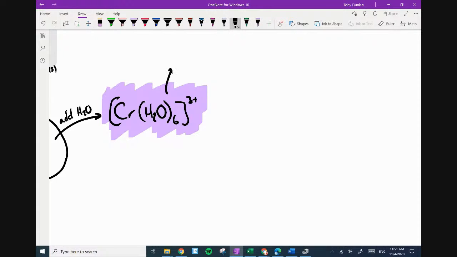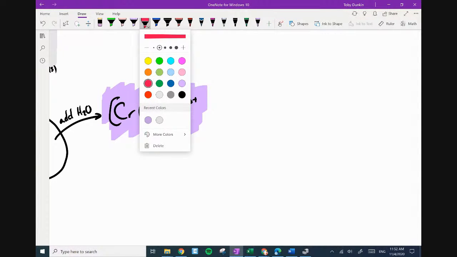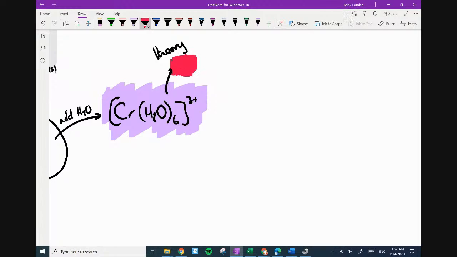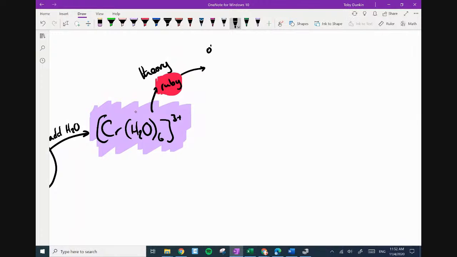Now, just to let you know that if you were going to take this complex and do theoretical color, the theoretical color is ruby red. Ruby red, which is actually about like that. Yep, that's about right. So the theory color is ruby red. But then we get these observationals. Observational is violet. There are other colors you may see.